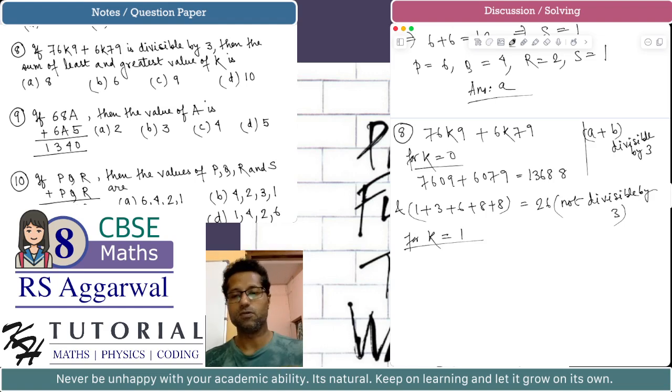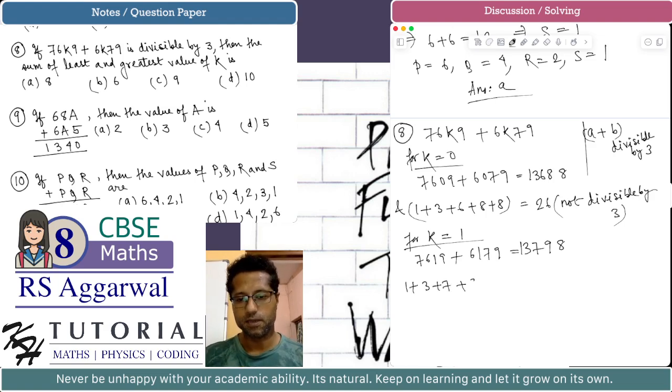So let's say for k equals 1, the result becomes 7619 plus 6179, which is equal to 13,798. Now 1 plus 3 plus 7 plus 9 plus 8 is 28. So this is also not divisible by 3.